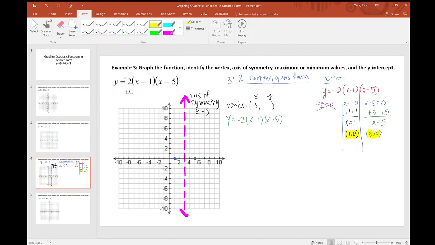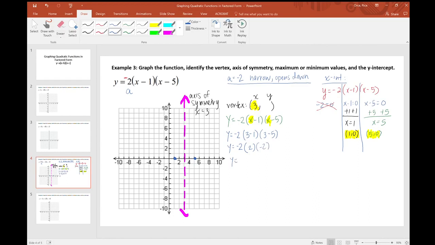Once again, we need to take our x value and plug it into our function. So wherever we see an x, we have to replace that with 3. That's y equals -2 times 3 minus 1 times 3 minus 5. 3 minus 1 is 2, 3 minus 5 is -2.